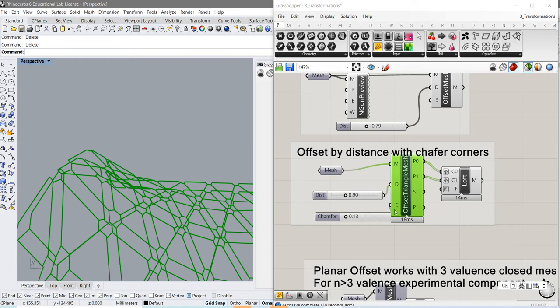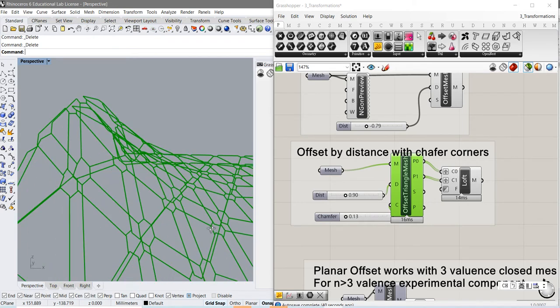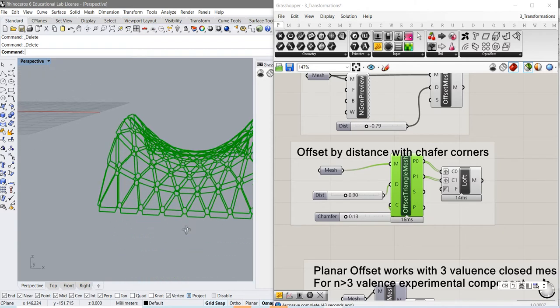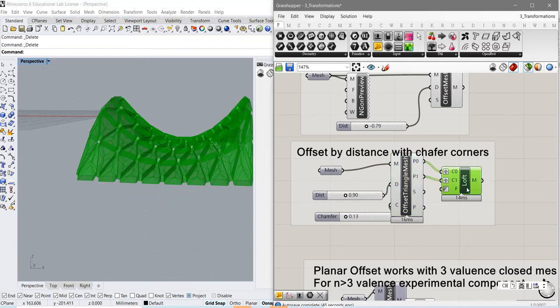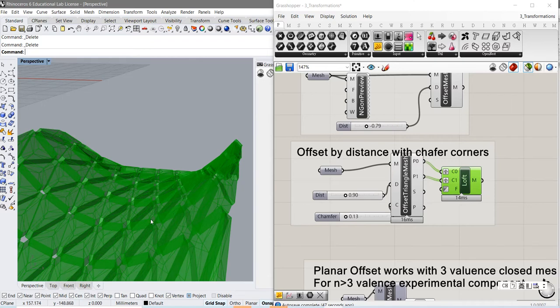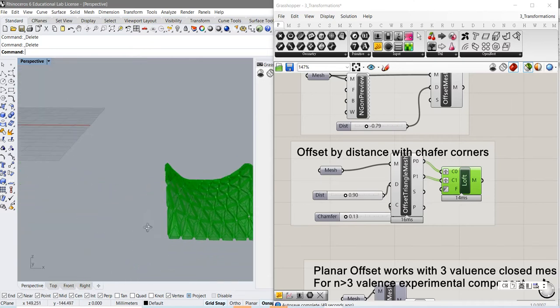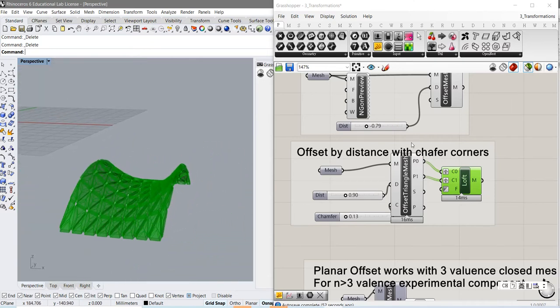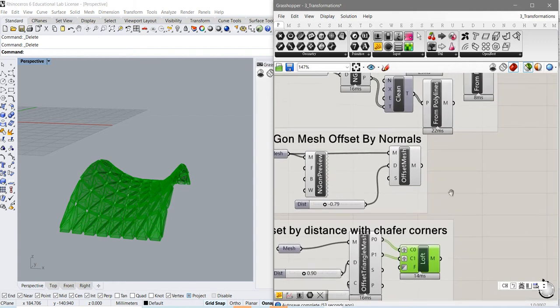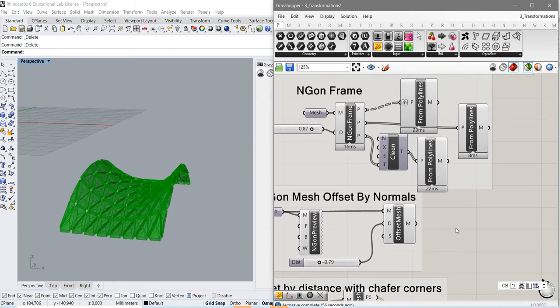And we can loft these chamfered offset panels, and then this is the structure we get afterwards. Okay, maybe we can preview it.